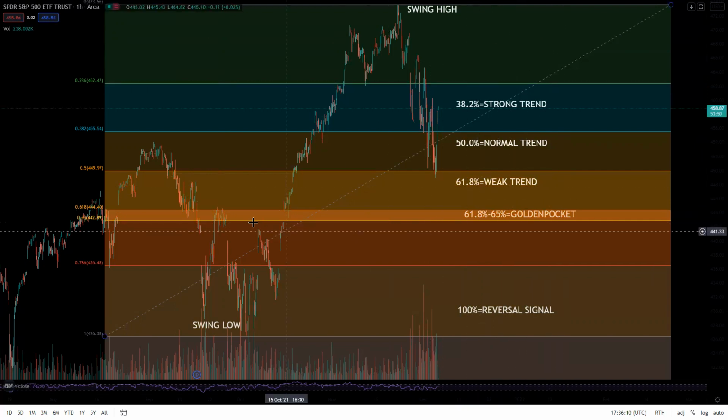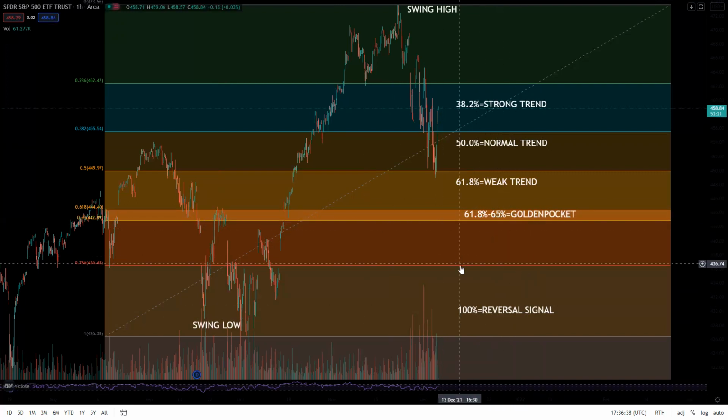And then between 61.8% and 65% is what is known as the golden pocket. That is what some people consider the golden pocket. If you can get in between this level, you have a really good chance to get in on a long-term position. And below there, essentially, it's a dud.